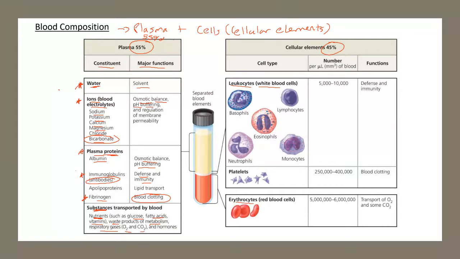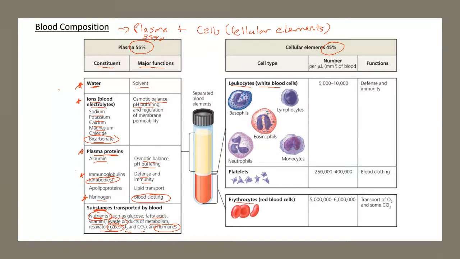A little bit of them are carried in the blood. We'll talk about that later on. And also important hormones. Hormones are chemical signals that tell certain cells to do something. So nutrients, waste, gases, and hormones.